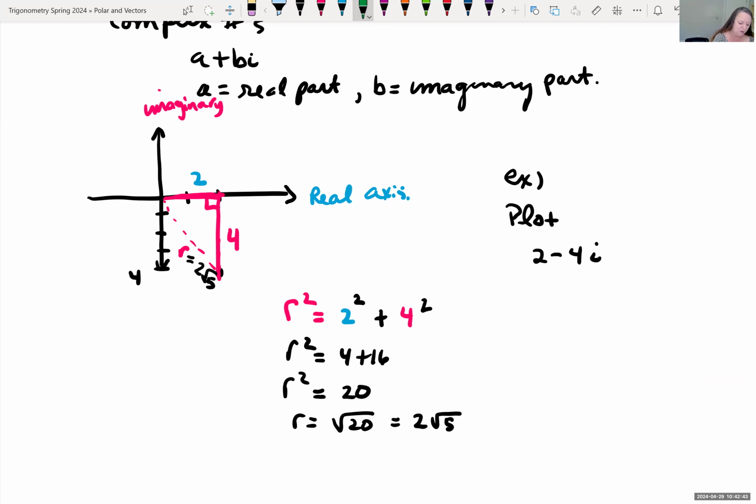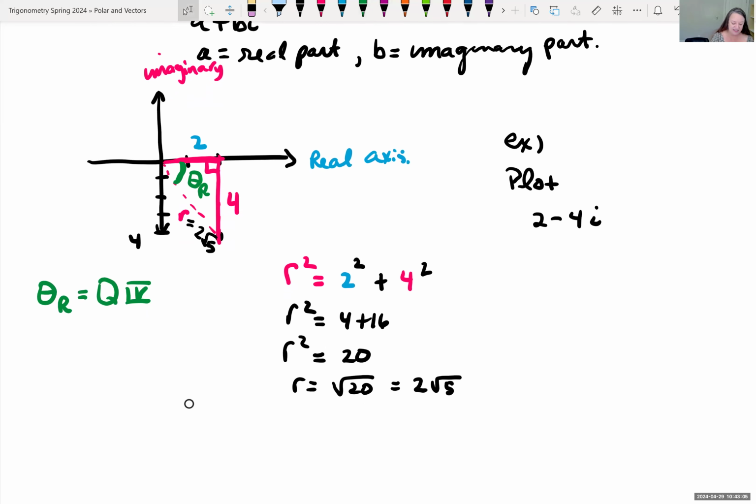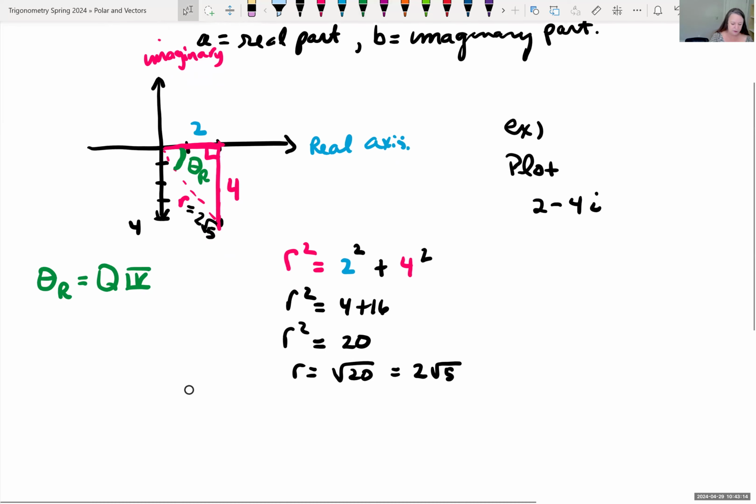I also need to know what theta is. Let's call it theta sub r. I know theta sub r is in my fourth quadrant. So looking at this, let's use trigonometric functions that we know.